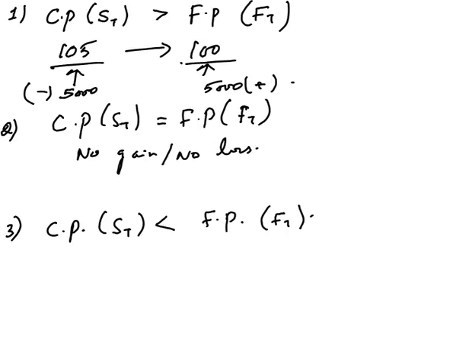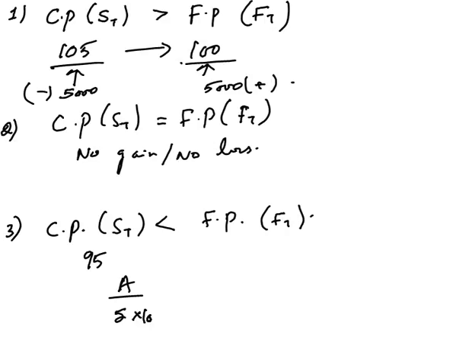In the third case, the closing spot price is less than the forward price. So in this case, if the Ultratech share is at rupees 95 on that August 29, 2009, the short investor who has sold this Ultratech, that is A in our case, would make a profit of 5 per share.